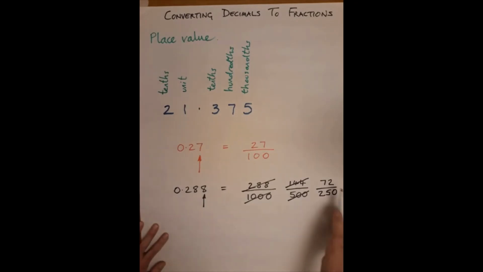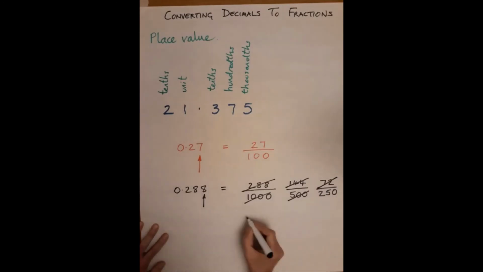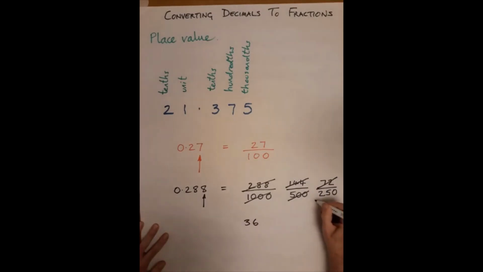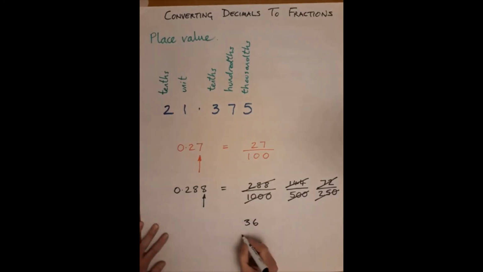Lo and behold, I've still ended up with an even number, and I can do it again. 2 into 72 is 36. 2 into 250 is 125. So I've cancelled this down 4 times.